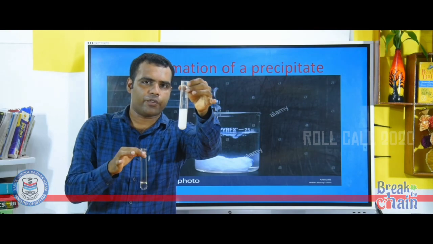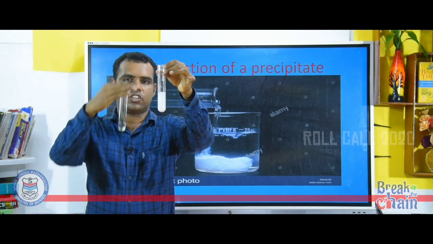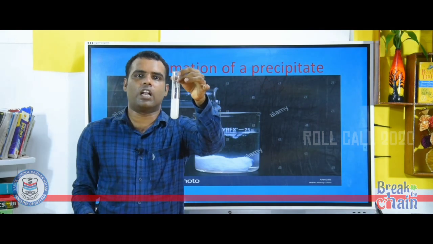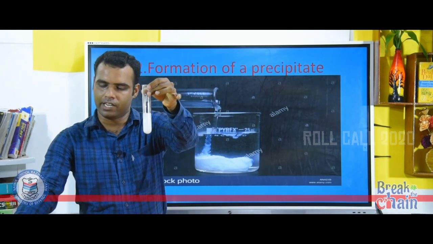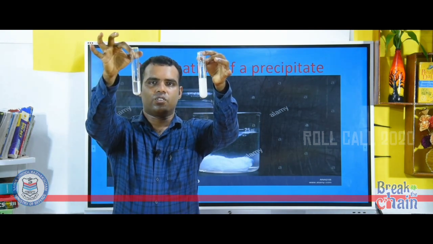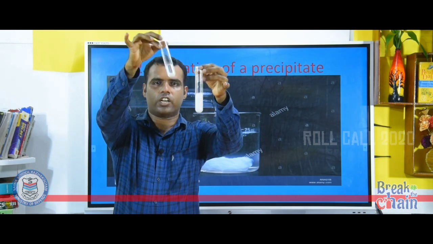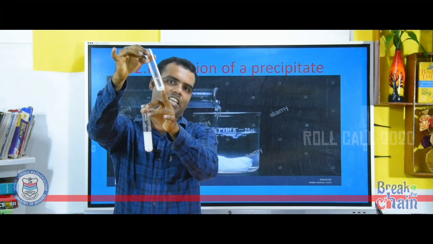Now we have to wait for at least 5 minutes so that you could see this white colored substance settle down. I have already done this experiment. See, after settling of this solution, you will be getting a white colored insoluble substance like this.